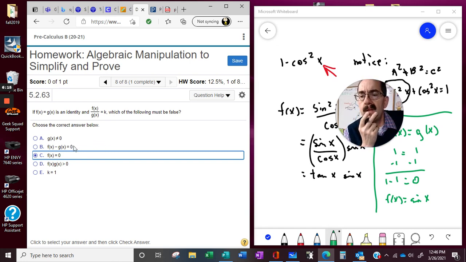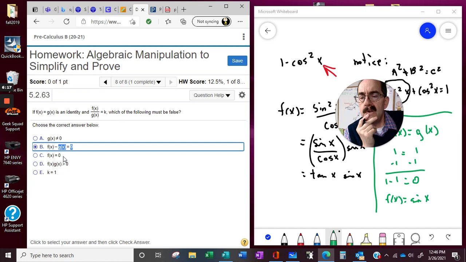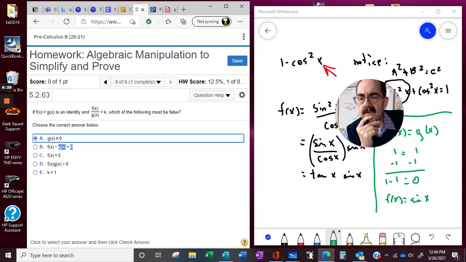Wait a minute. Okay, we know this is true. Could it be 0? 0 divided by 0. Okay, I had it right the first time. It could be 0 because 0 is equal to 0. If it's equal to each other, then you multiply them.